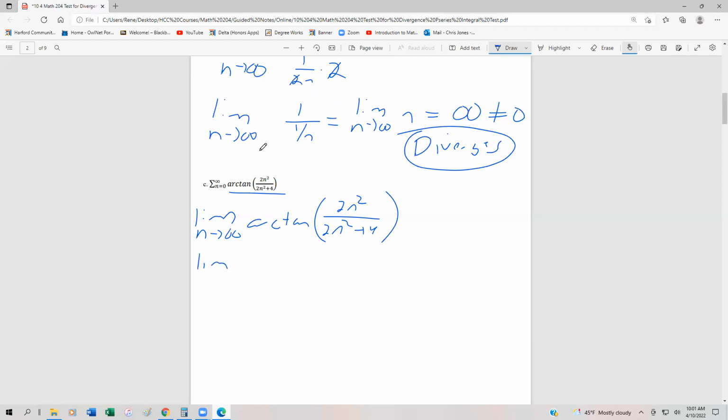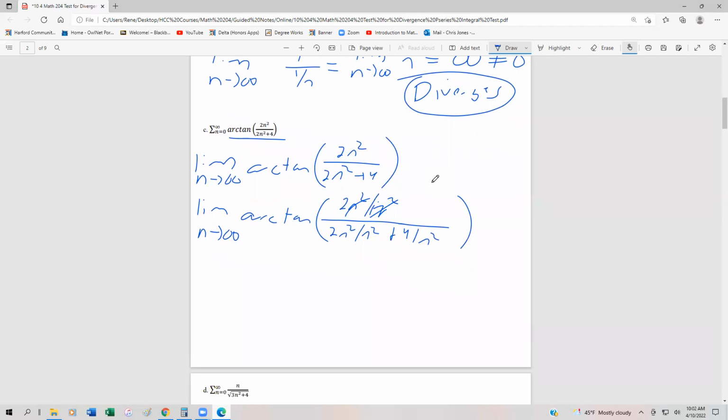So now we're going to have the limit as n approaches infinity of the arctan of 2n squared divided by n squared over 2n squared divided by n squared plus 4 over n squared. We simplify, noting that all the n squareds are going to cancel out except for the very last one. And so now we have the limit as n approaches infinity of 2 over 2 plus 4 over n squared.